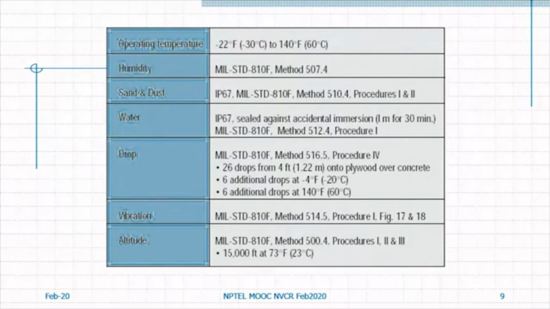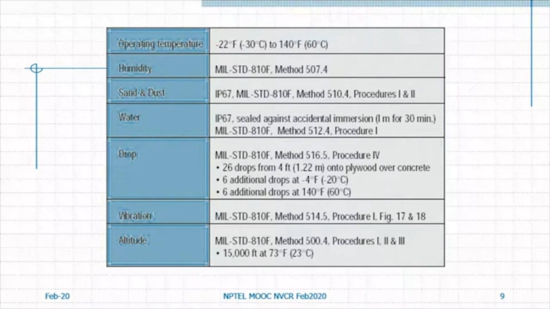And long ago we only used to have environmental standards for military applications. So, you have an operating temperature from 0 to generally in our places 60, but minus 30 and all is normal.